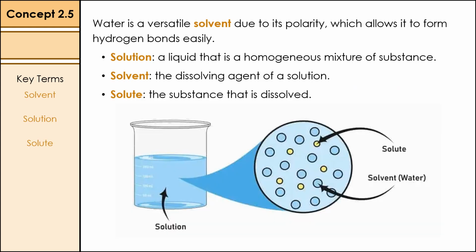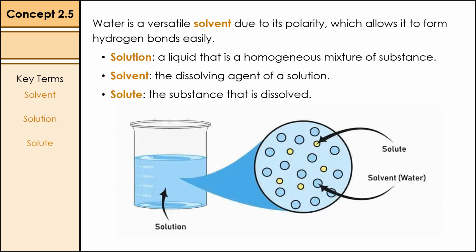Another property, and this will be the last property that we'll really highlight here, is that water is a versatile solvent. So what is a solvent? A solvent is what you dissolve things into. And that is because, due to the hydrogen bonds that it's able to form, it's able to break apart substances that have charge, that have those partial charges, either partial or full.